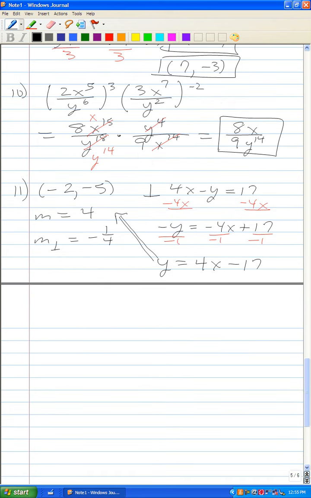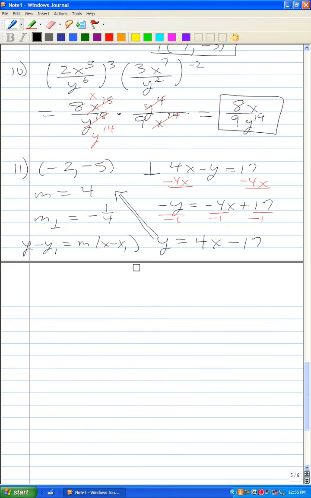Let's use the point slope form for the equation of a line. Well, y1 is -5, so y minus -5, since y + 5 equals m, negative 1/4, times x minus negative 2, so it's x + 2. And that is the equation of your line.